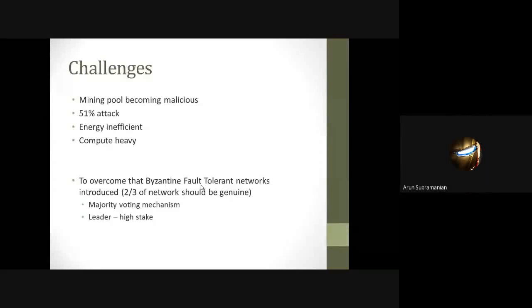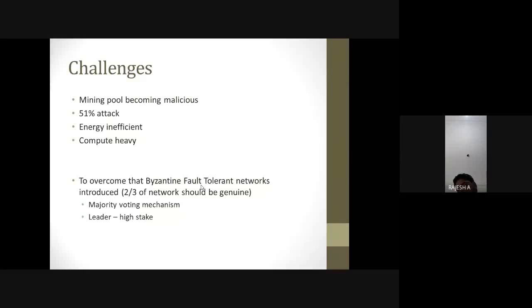Significant improvements have been made to avoid reaching this percentage. Mostly, if two-thirds of the network is genuine, then it's good. But earlier, even if 51% of the nodes gained access to the network, they could alter the sequence of the blocks. Since it becomes a high monopoly, energy efficient and compute heavy, it can get all the rewards.